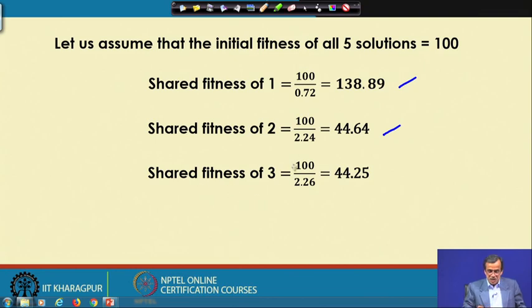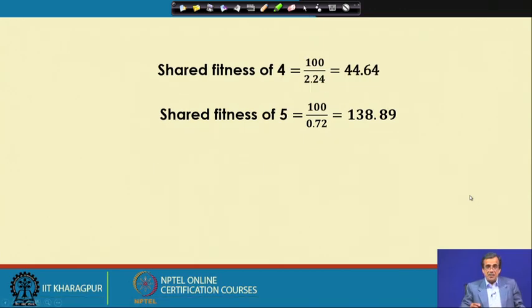The shared fitness of the 0.3 is 100 divided by 2.26, which is 44.25, and similarly I can find out the shared fitness value for the other points, like for the fourth point this will become 44.64, and the shared fitness of the fifth point is 100 divided by 0.72, which is 138.89.